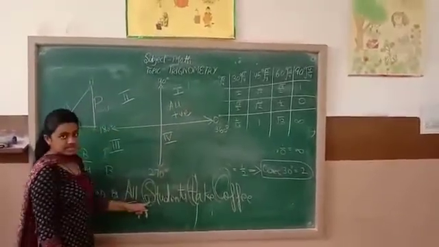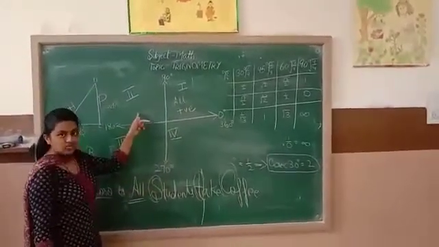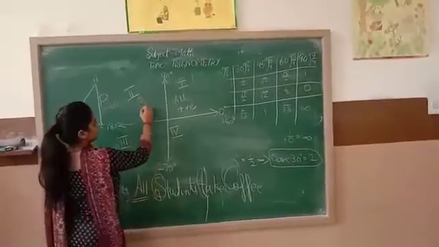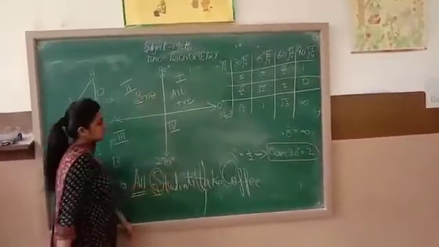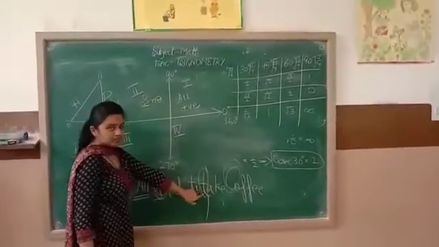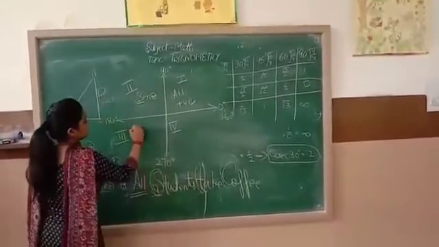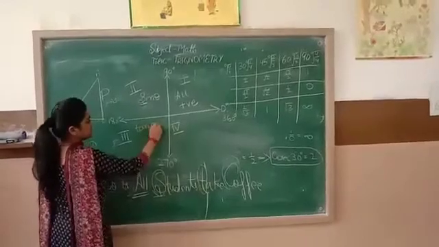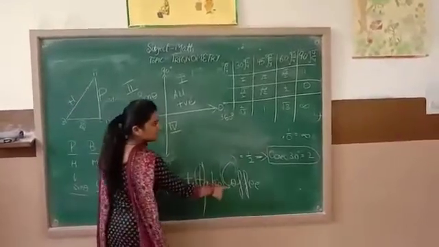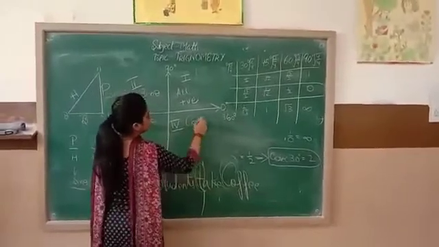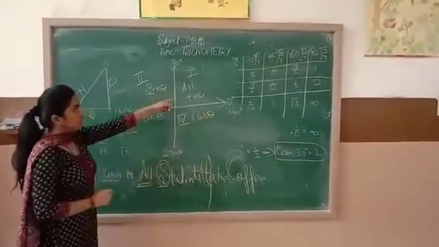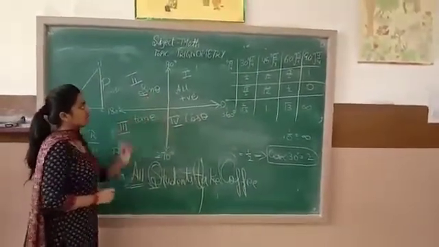S is for the second quadrant, so here we get sine. T is for the third, which means tan theta. And similarly C means cos theta. So here: all positive, sine, tan and cos.